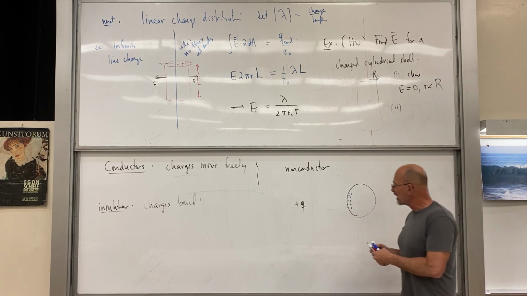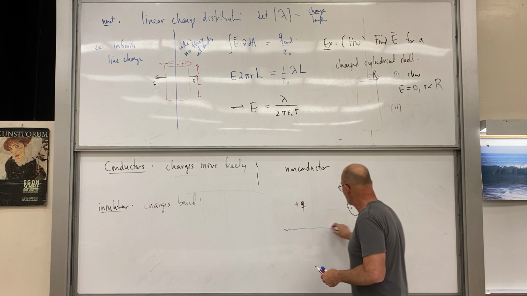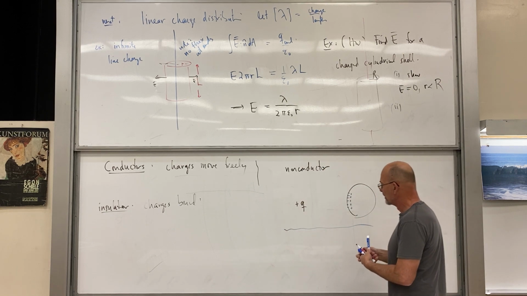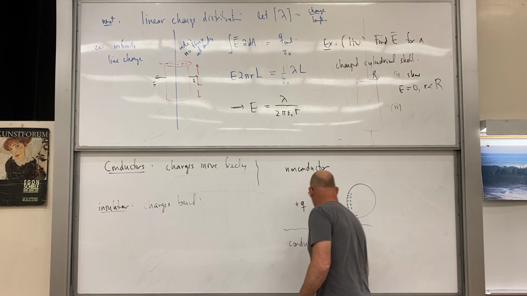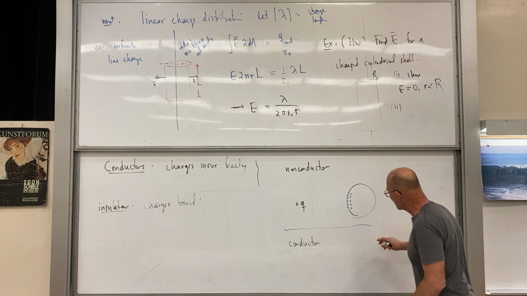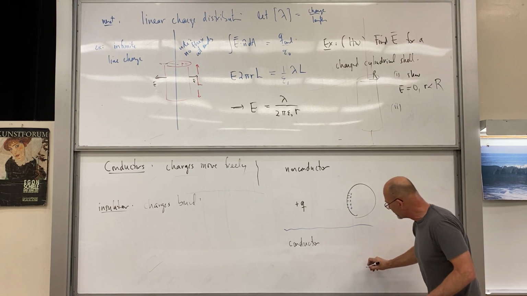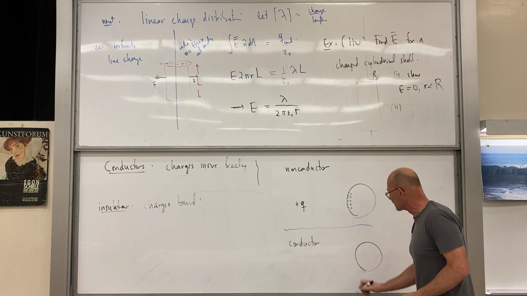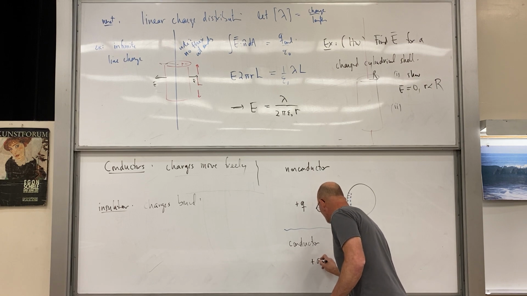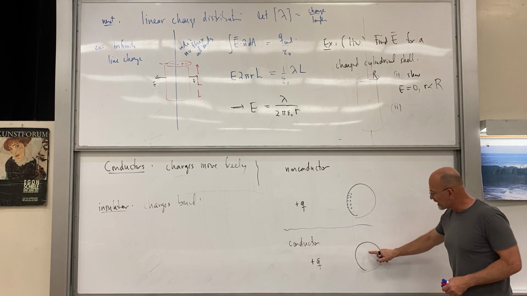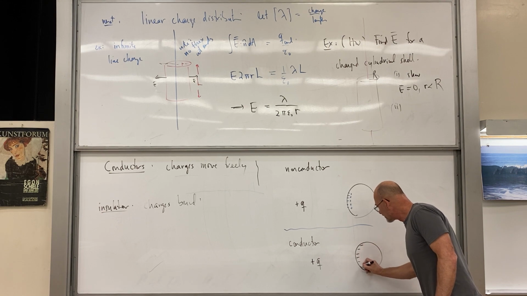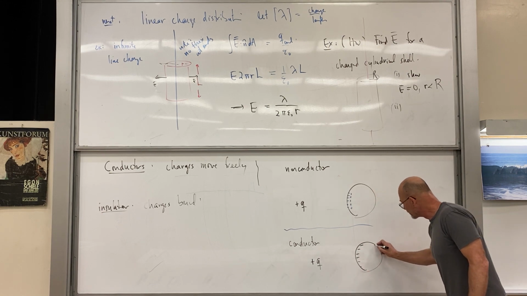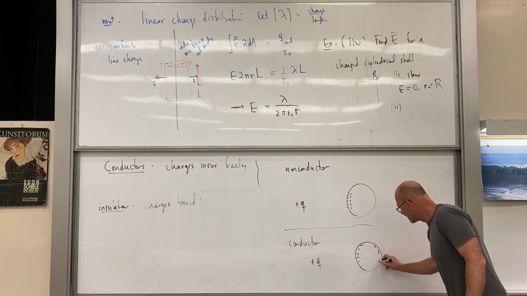If you have a conductor, on the other hand, and you do the same thing, because charge can move around freely. Okay, this lower picture doesn't know about the upper picture. So here we have plus Q. What's going to happen here with a conductor is your negative charge is going to attract, and your positive charge is going to repel.